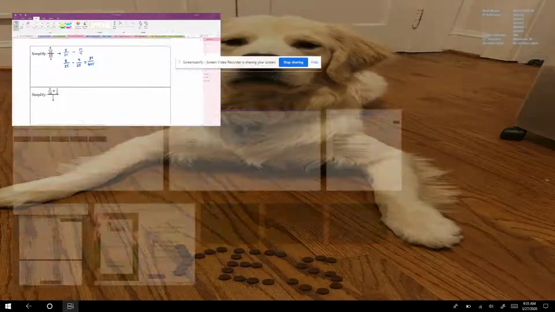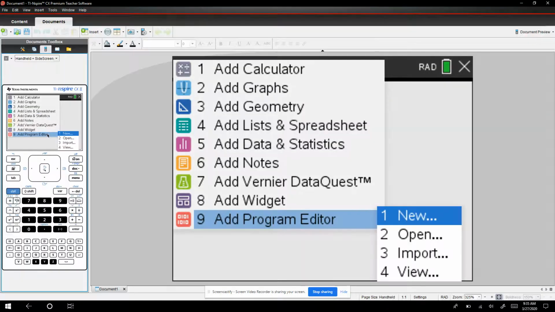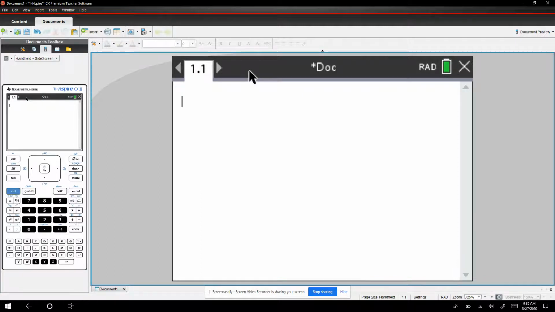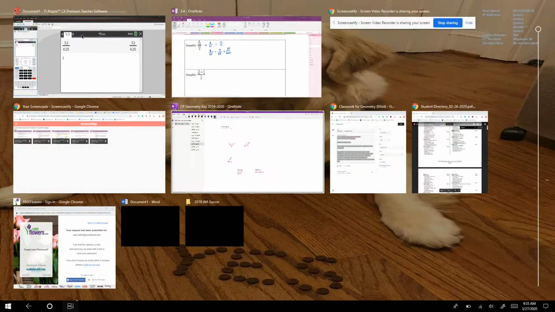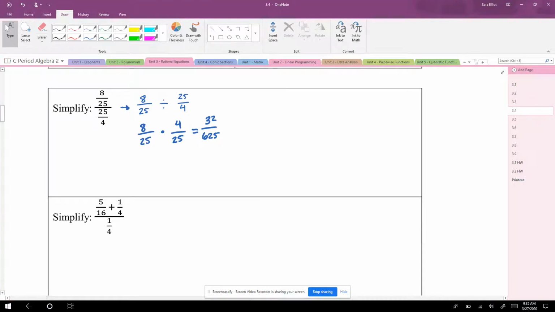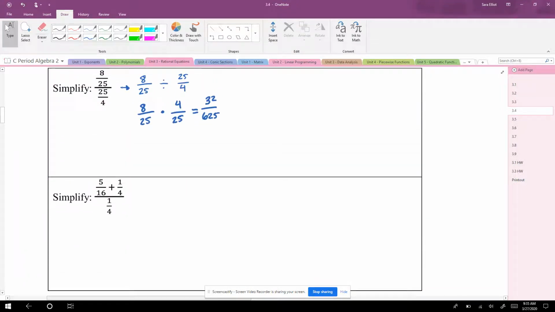And then we can try and simplify that. So I'm going to be lazy here and punch this in on the calculator to check to see if it can simplify, which it cannot. So we're done.